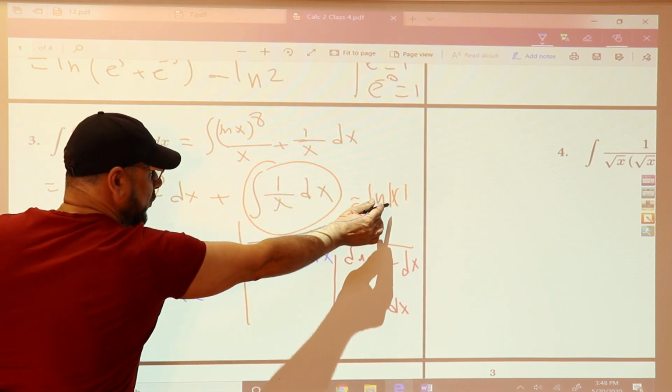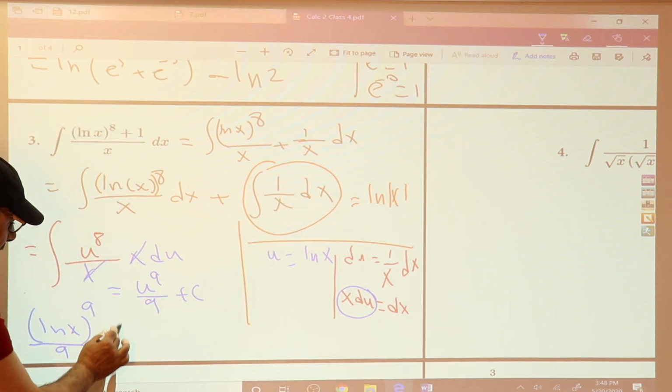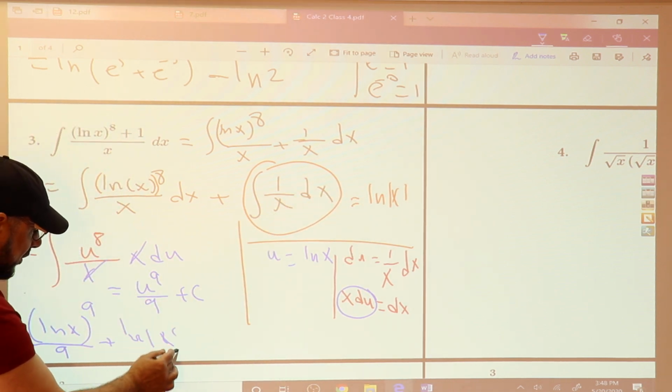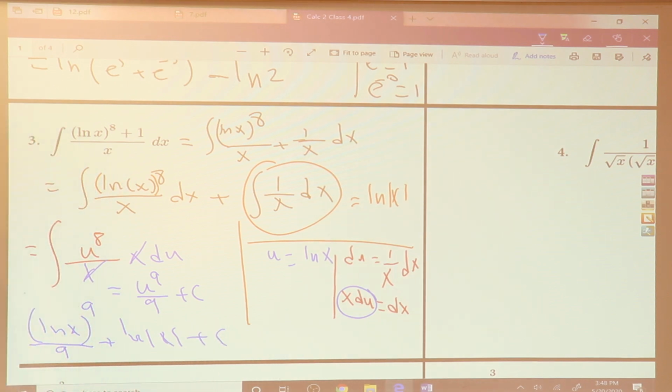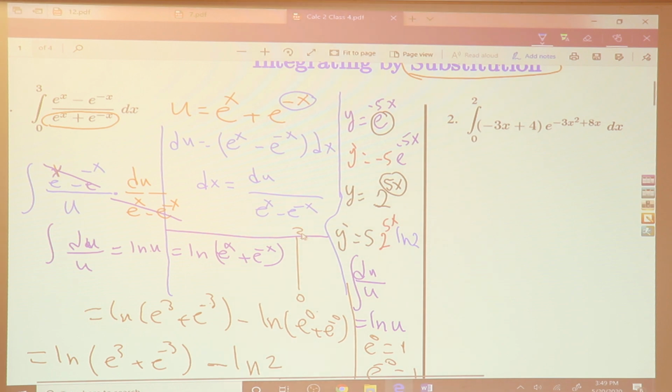But don't forget the other integration. u is ln x, so it is ln x to the 9 over 9 plus ln x from that second integration plus c. Good job. Okay, let us go to the next problem.